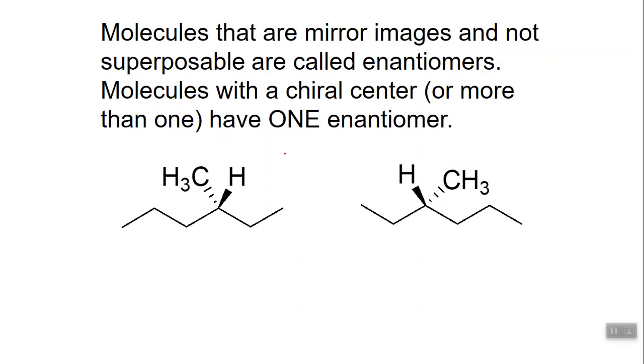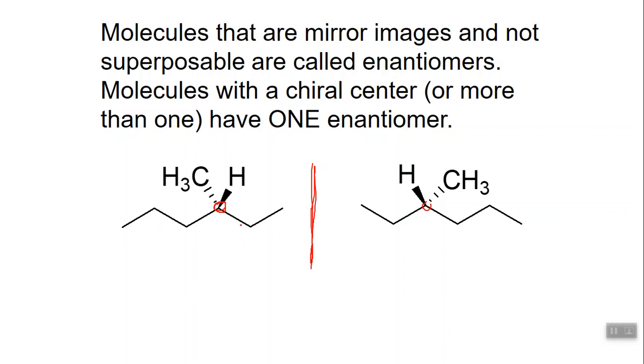Every molecule that has one chiral center or more than one chiral center will have exactly one enantiomer. An enantiomer is simply a mirror image of your chiral molecule or chiral object. You only get one mirror image, so you can only have one enantiomer. And so these are the mirror images down here. This is actually a really common way of drawing mirror images. Imagine there's a mirror right here.